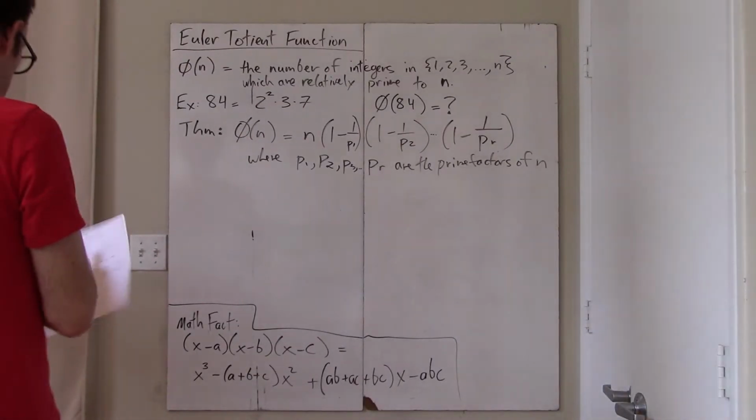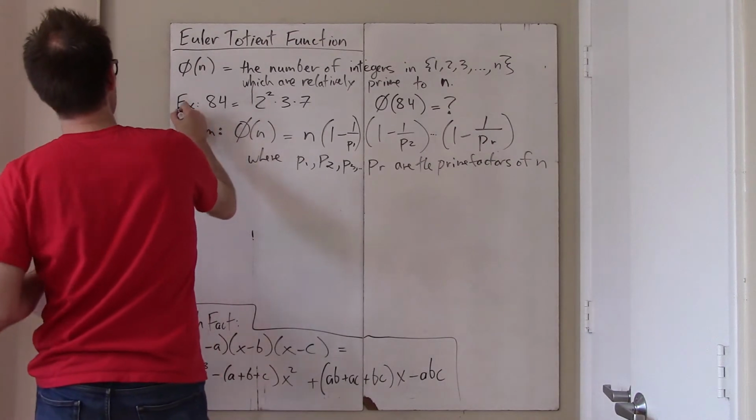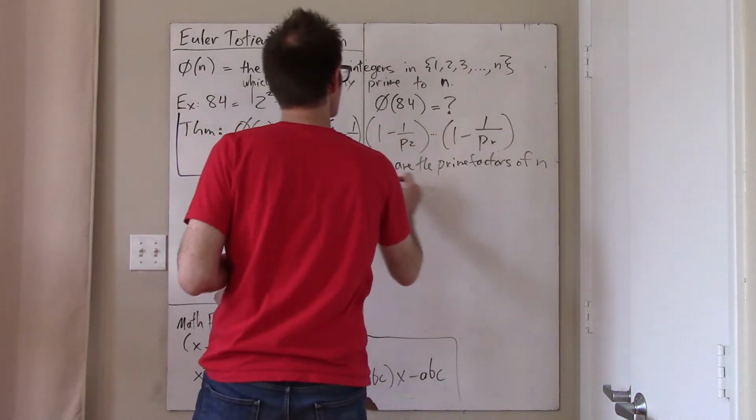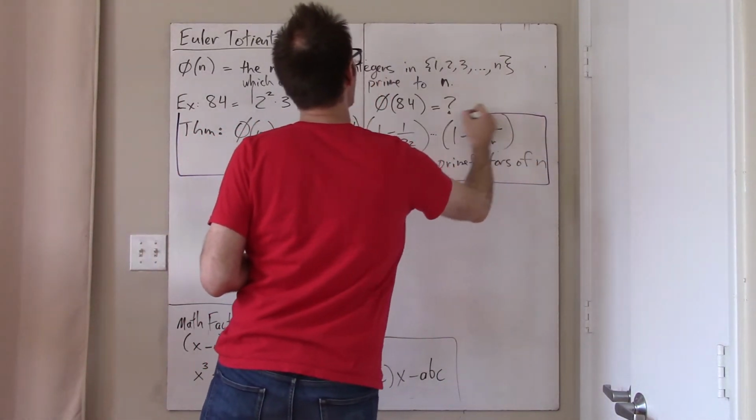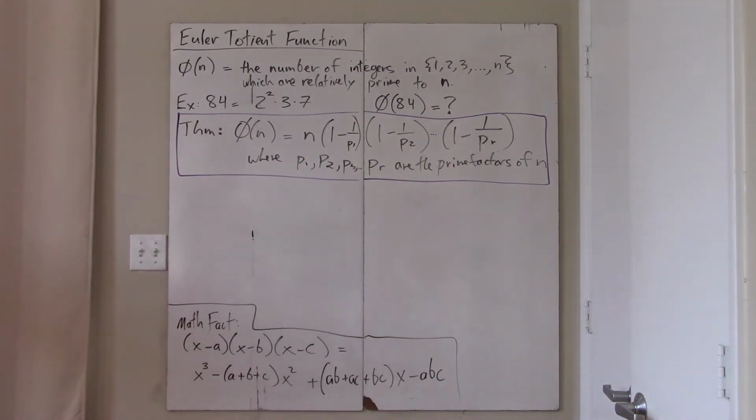This is the general form of this theorem. Take any number. If you want to know the number of positive integers up to and including that number which are relatively prime to it, then you take the prime factorization of that number, reciprocate, subtract from 1, multiply together, and multiply by n. Okay, and we can talk for a minute about why that's kind of obvious.